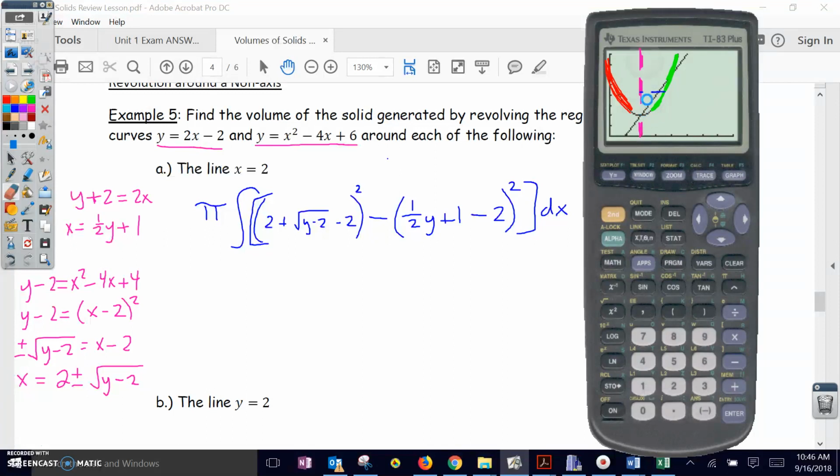In order to get those, I'm going to find the intersection points. And since I've actually graphed these curves, I want the y coordinates of the intersection points. Alright, so we've got a y coordinate of 2.